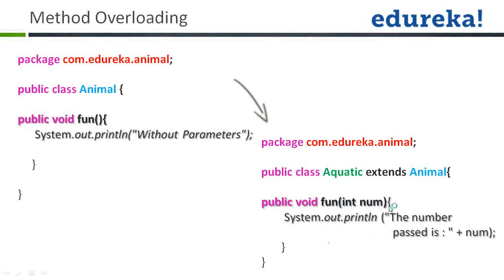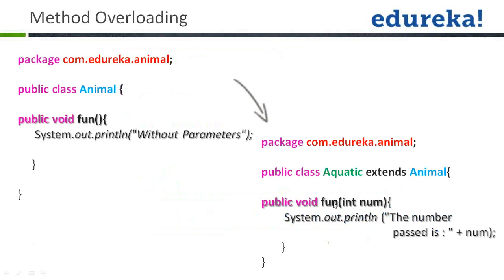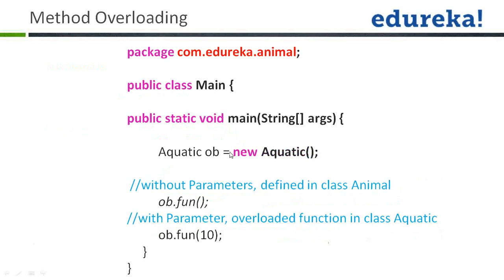So we are actually overloading this function because the name of the function is the same, but we have changed the argument. Now this time it is taking an argument. Previously it was not taking an argument. So this is an overloaded method. Okay. Finally, in the main method, I make an object of the aquatic class, and using that object I call the function.